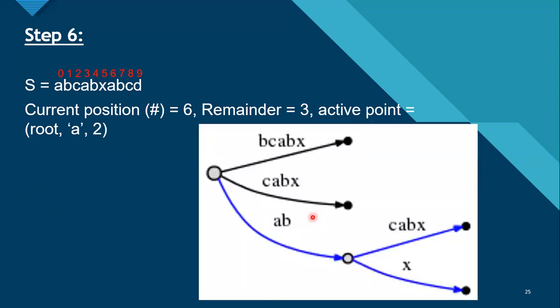But we can't just insert X in the middle of this edge. So what we do is split the edge and insert an internal node that points to the suffix to be inserted, and it also points to the previously existing set of characters.